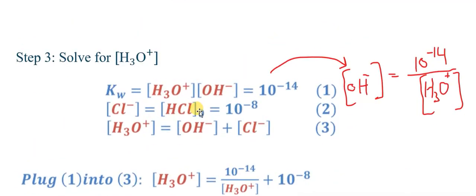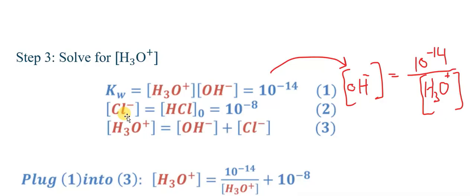If we write down the Kw of water, the ionic product of water, it is the product of the concentration of hydronium ion, or hydrogen ion, and hydroxyl ion, which is equal to 10 to the power minus 14 at 25 Celsius.